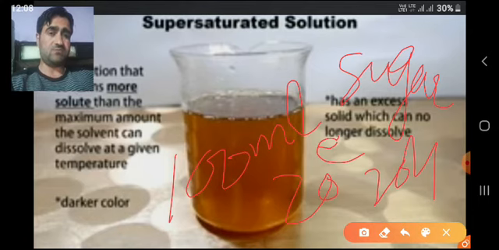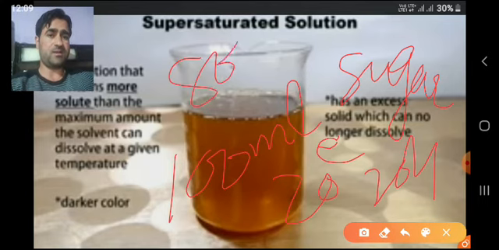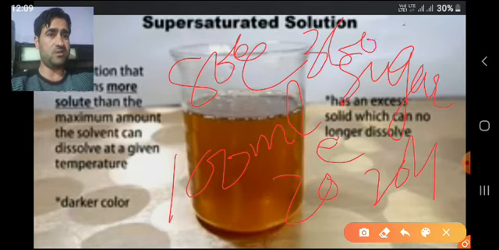Now let us increase the temperature. If we increase the temperature of water, say up to 80 degrees centigrade, it will become unsaturated. Its dissolving capacity will increase, rather the solubility of sugar will enhance. At 80 degrees centigrade, it will have a dissolving capacity of 360 grams of sugar.